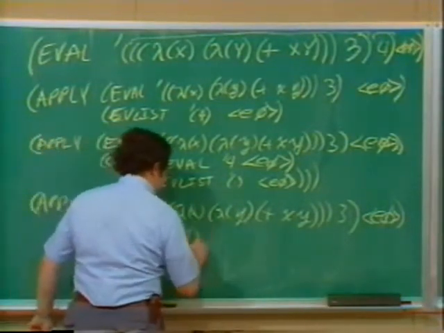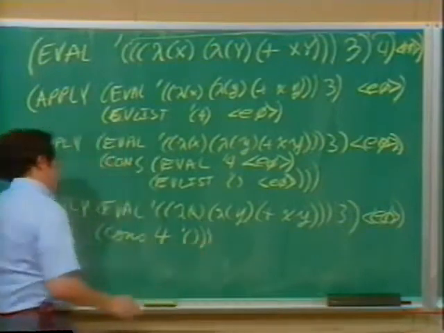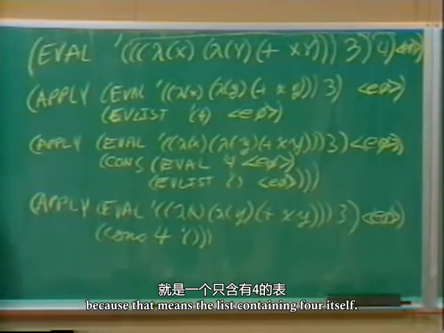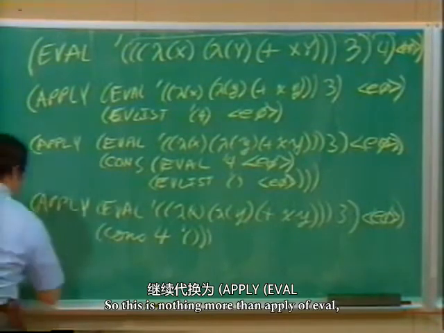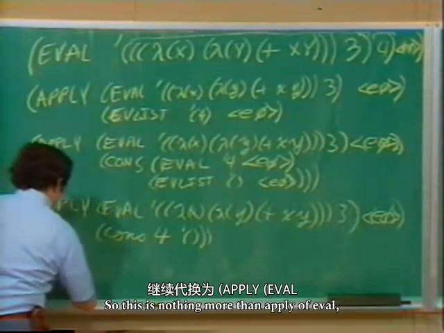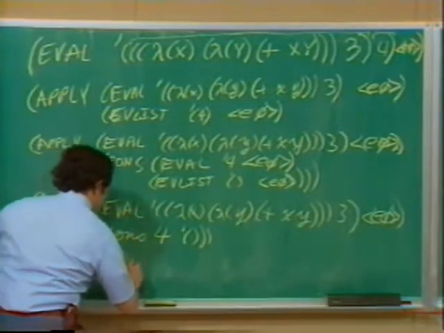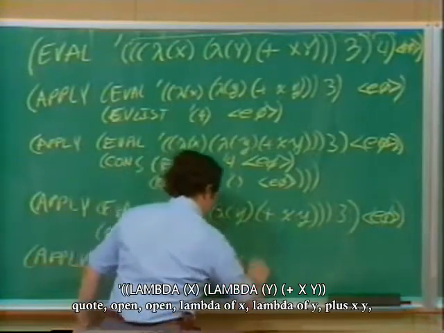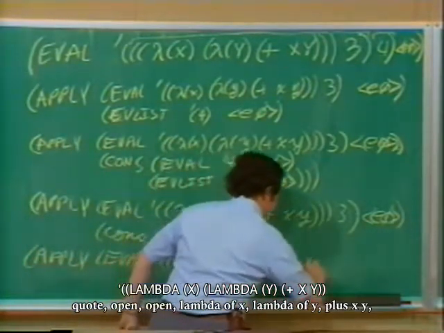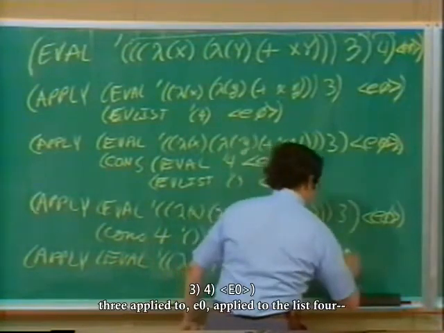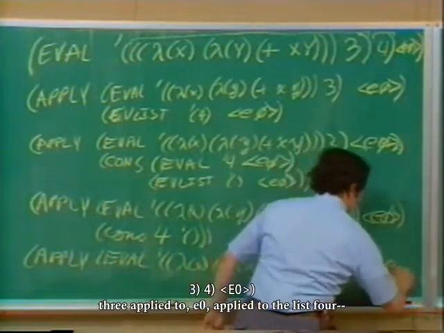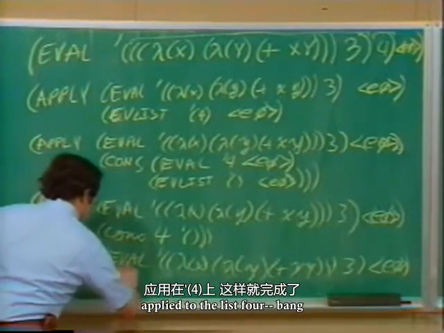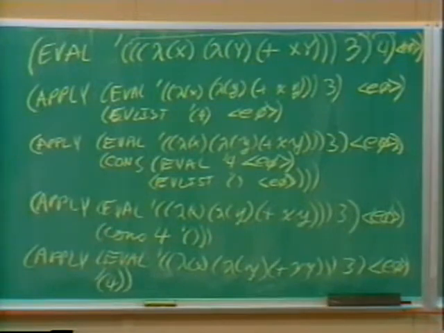So that's this. Okay? And that's very simple to understand because that means it's just the list containing 4 itself. So this is nothing more than apply of eval of, quote, open lambda of x, lambda of y, plus x, y, 3, applied to E0, applied to the list 4. Bang. So that's that step.